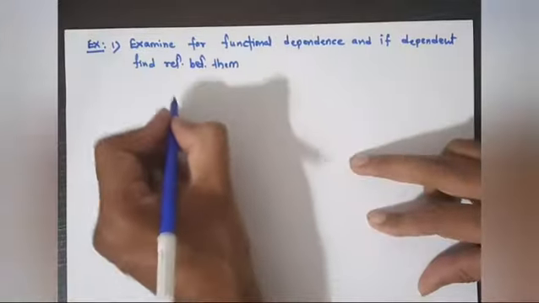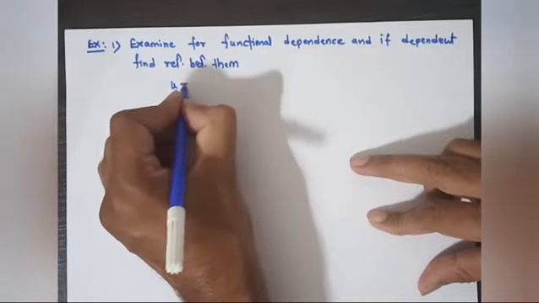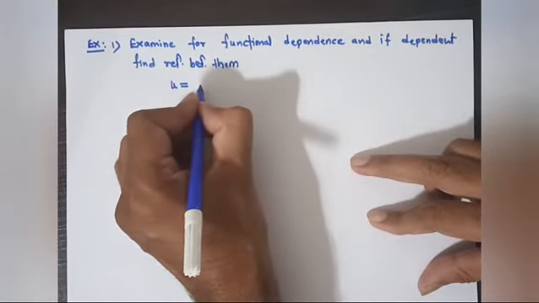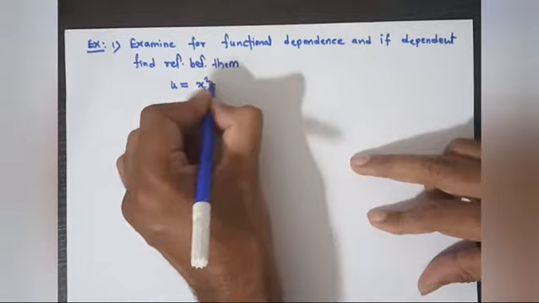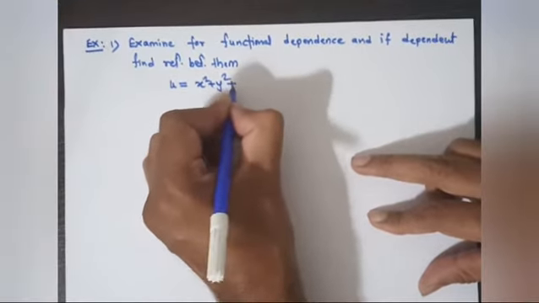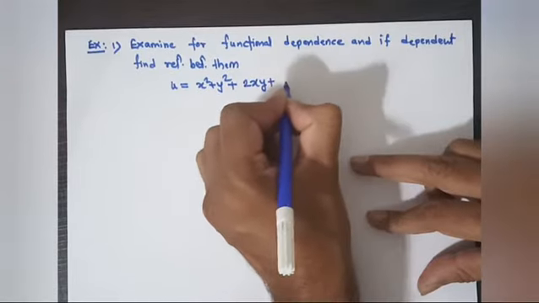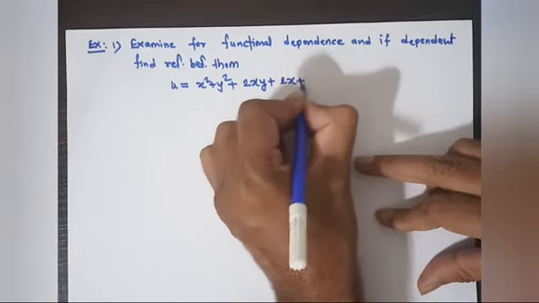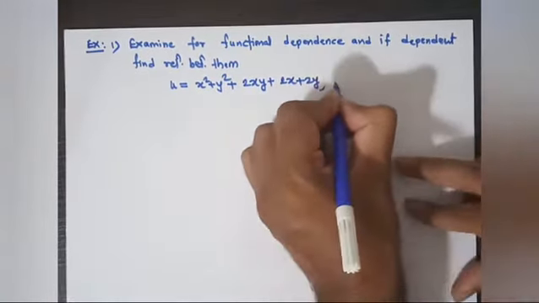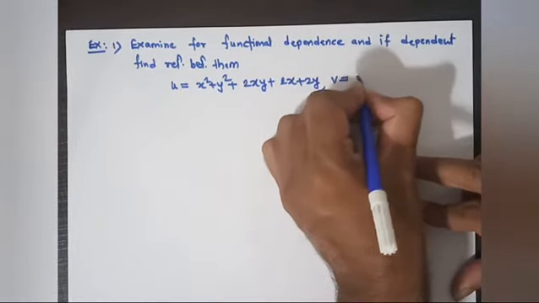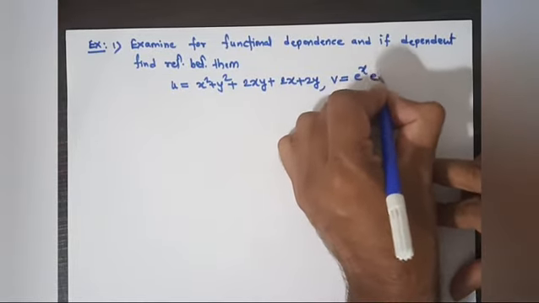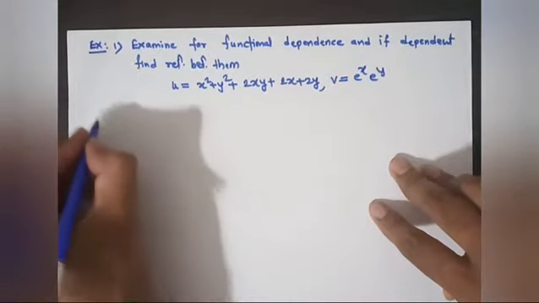Now here the functions are given: u is equal to x square plus y square plus 2 times xy plus 2x plus 2y, v is equal to e raised to x into e raised to y.